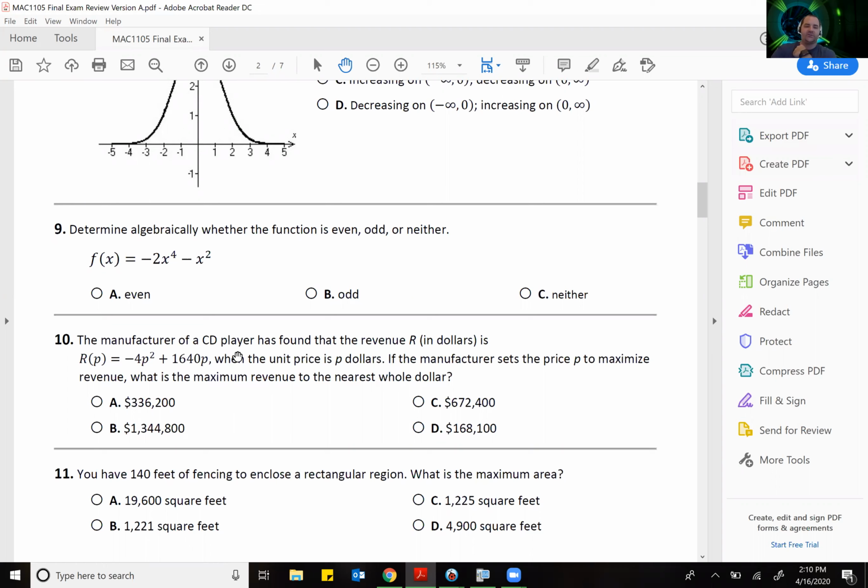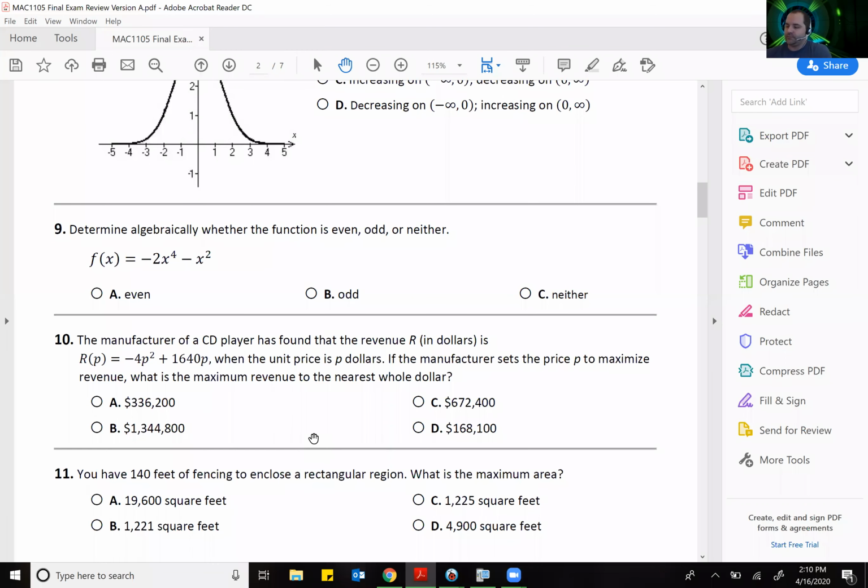It says the manufacturer of a CD player has found that the revenue in dollars is R of P equals negative 4P squared plus 1,640P when the unit price is P dollars. If the manufacturer sets the price P to maximize revenue, what is the maximum revenue to the nearest whole dollar?